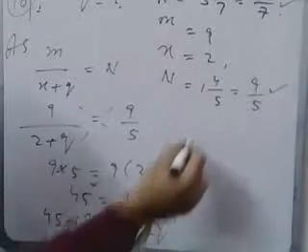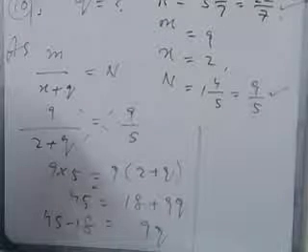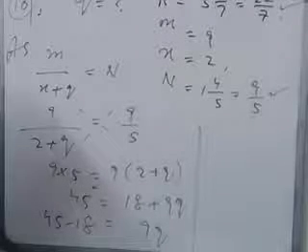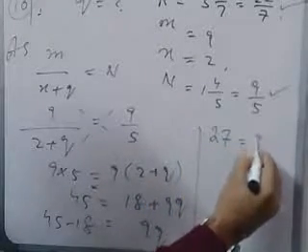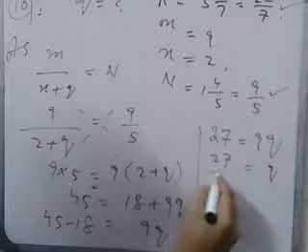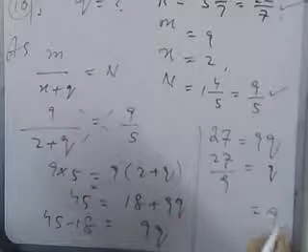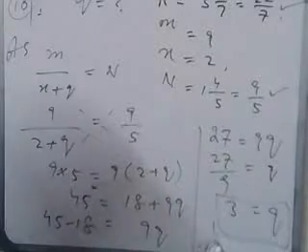So 45 minus 18 gives 27. So 27 is equal to 9Q, but you need the value of Q, so 27 divided by 9. The value of Q is 3, because 9 3s are 27. So here is your result.